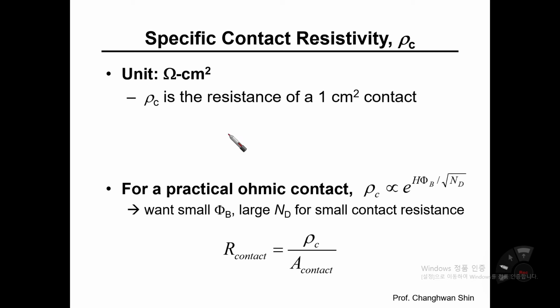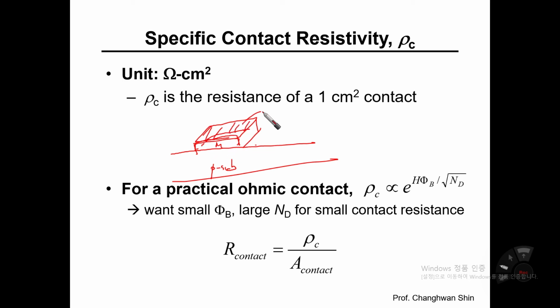If I draw the cross-sectional view of metal and p-type substrate, some thin film of metal has been deposited onto the p-type substrate. If I draw it three-dimensionally, you can see that the area of this interface is 1 square centimeter.